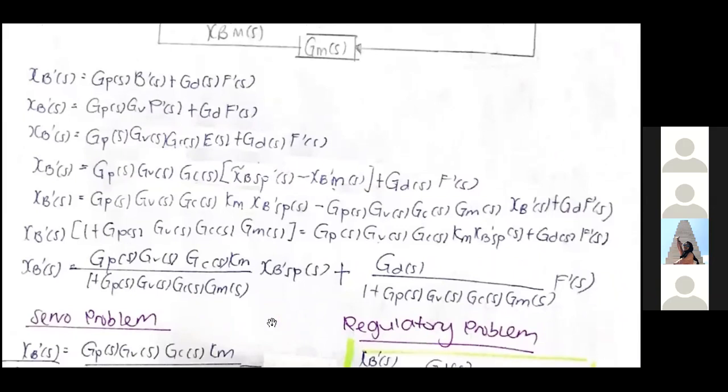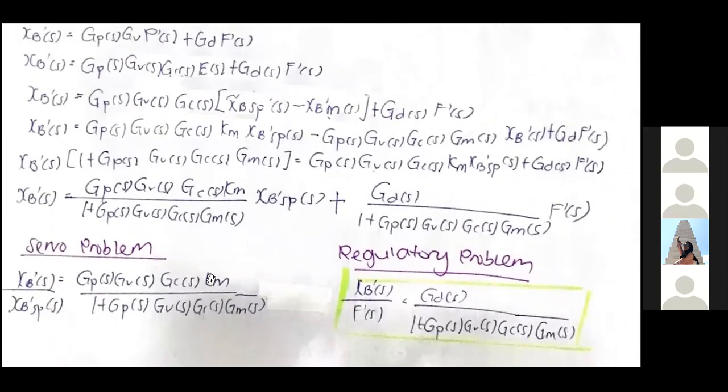The front part is the servo problem, and the latter part is the regulatory problem. So basically, this is the final transfer function for the servo problem, and this is for the regulatory problem. Okay, that's all. Thank you.